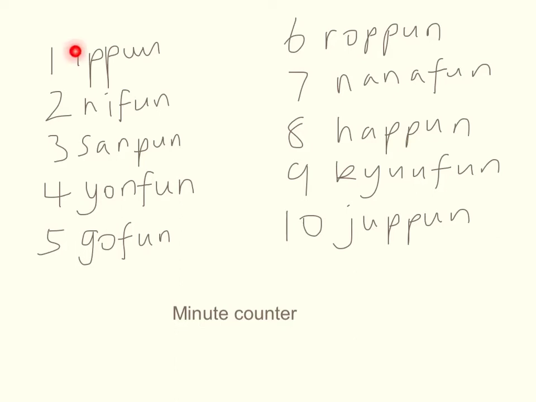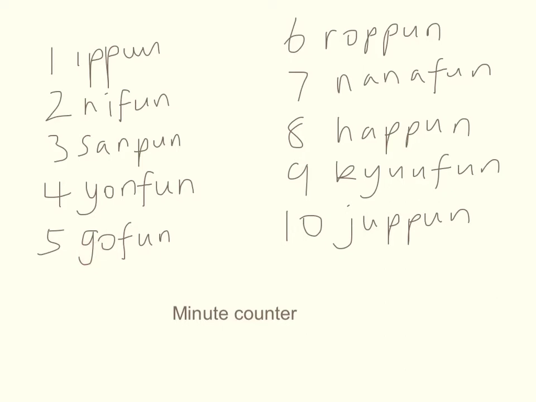Yes. 1, 2, 3, 4, 5, 6, 7, 8, 9, 10 minutes. As you can see, the basic pattern is the number plus fun or pun. So it's ni fun, san pun, yon fun, go fun.